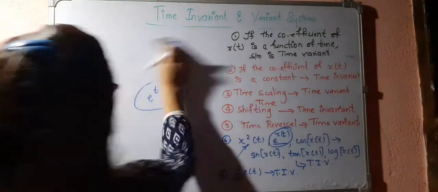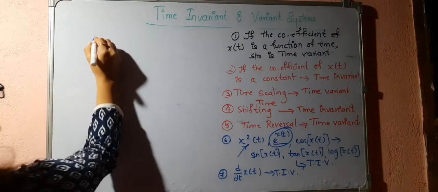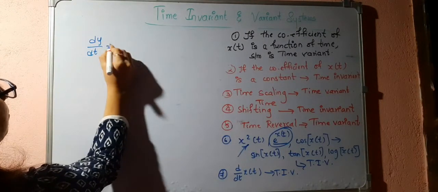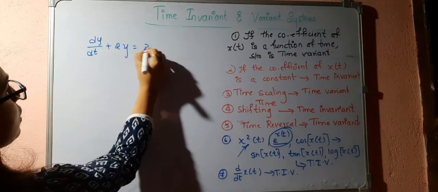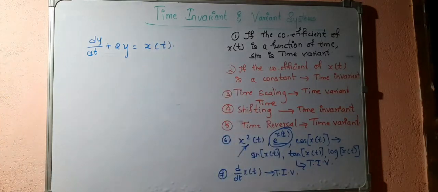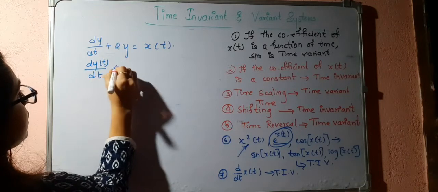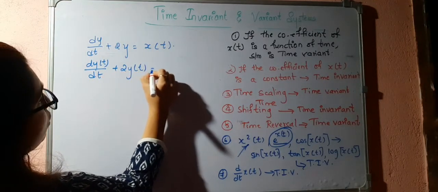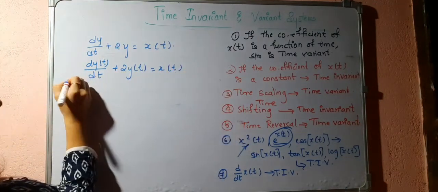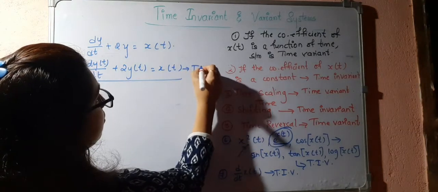We can also consider differential equations like dy of t by dt plus 2y of t is equal to x of t. This is time invariant.